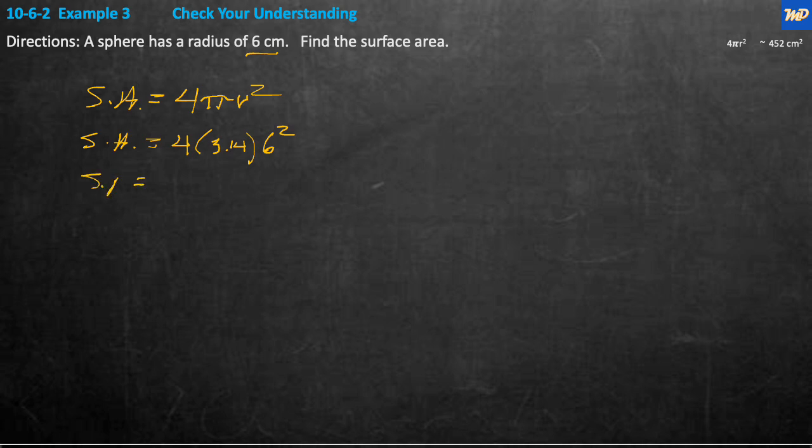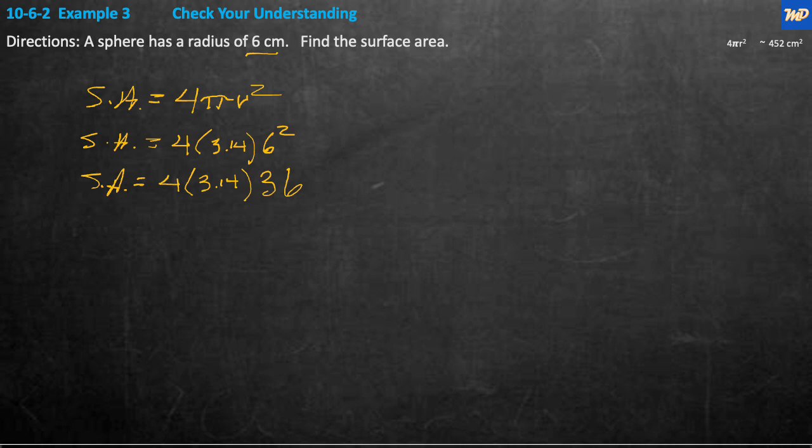SA is equal to 4 times 3.14 times 36. Well, nothing's going to come out easy on this. So 4 times 36 is, 4 times 30 is 120, 4 times 6 is 24, so 144.